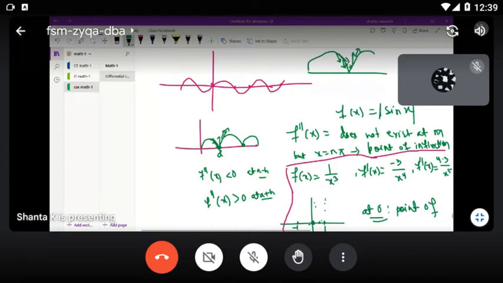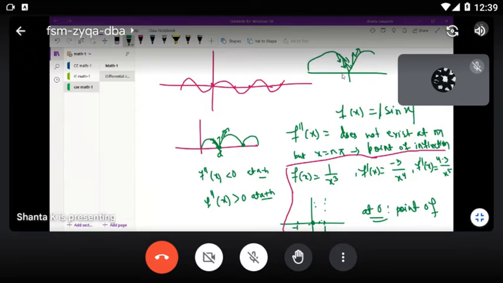This one is concave downward, both are going clockwise. But if you go this one, this is going down. And the other one will also go down eventually.